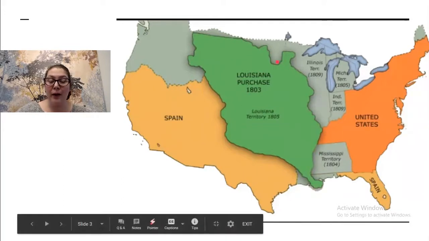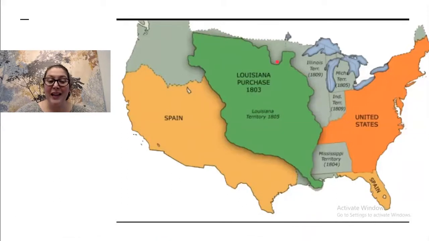Now, remember, the French weren't the first people that lived there. Native Americans lived here first, right? That is something that we've talked about in class. So Native Americans lived here. They also lived here in this area that was owned by Spain. And this area, I believe, was Oregon country.